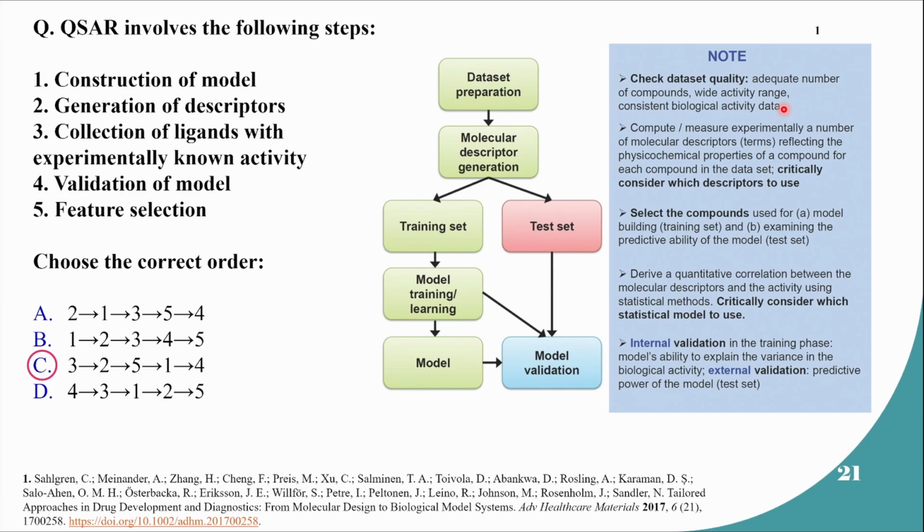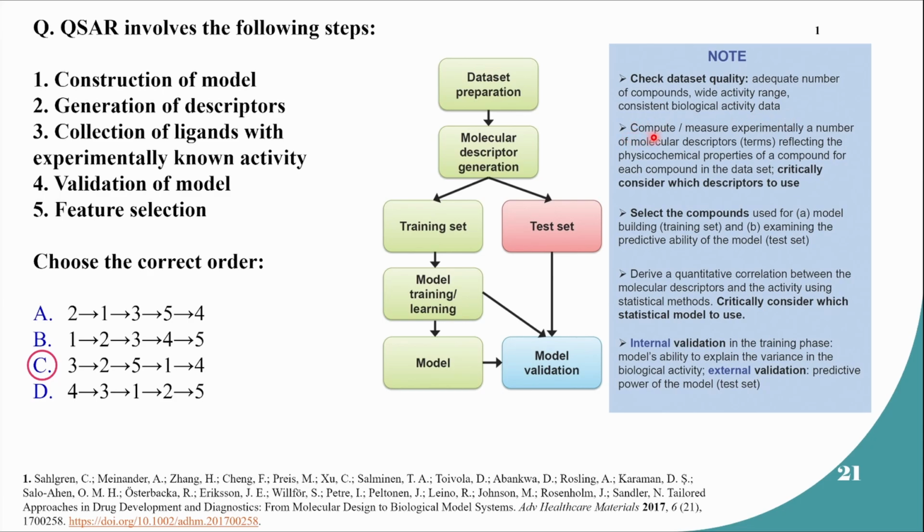Similarly, this type of ligand is associated with this type of activity, and so on. So from a low activity range to a high activity range, all of these different values of activity can get associated with a particular type of ligand if you have a wide activity range in your data set. And then the biological activity data need to be consistent, of course.